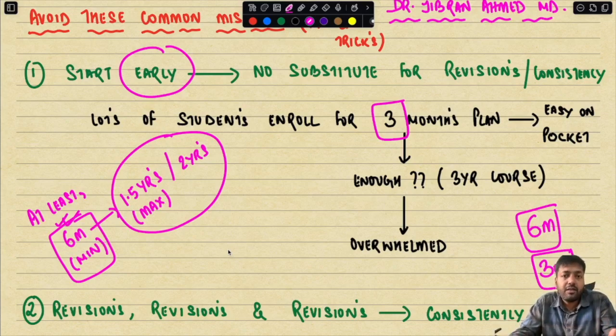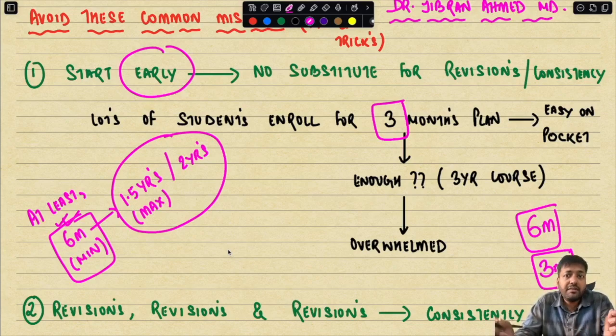The MD pathology course is a 3-year course. There is general pathology, systemic pathology, cytopathology, hematology, recent advances, clinical pathology, grossing, tissue processing, as well as so many different subheadings. So there is a lot to cover. It is not humanly possible to cover everything in a 3 months plan.